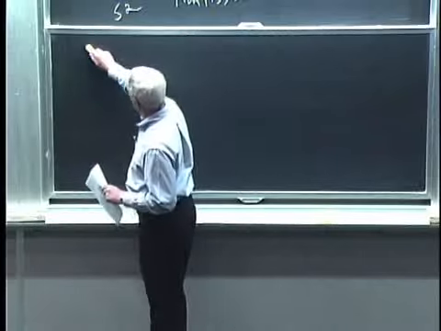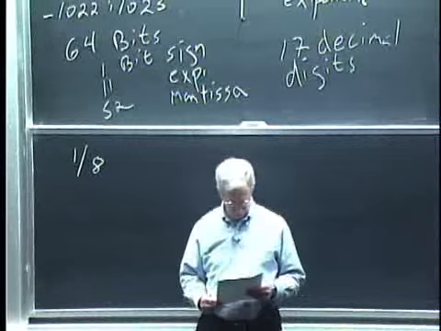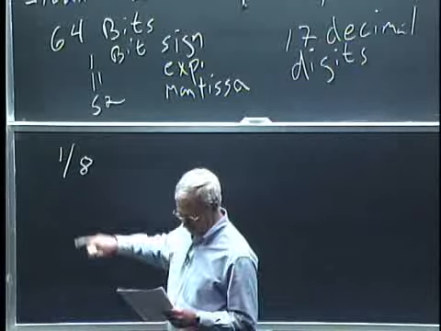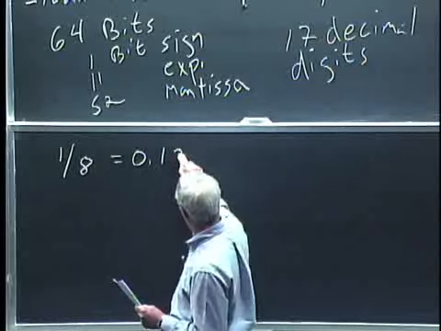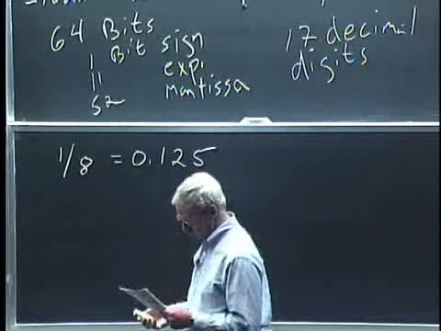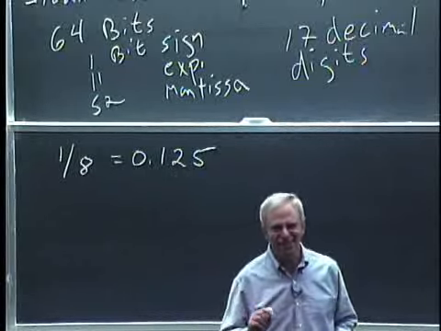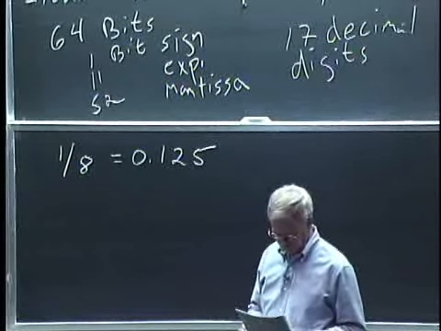Let's look at representing the fraction 1/8. That has a nice representation. That's equal in decimal to 0.125. And we can represent it conveniently in both base 10 and base 2.